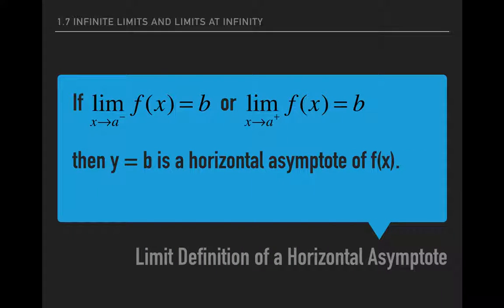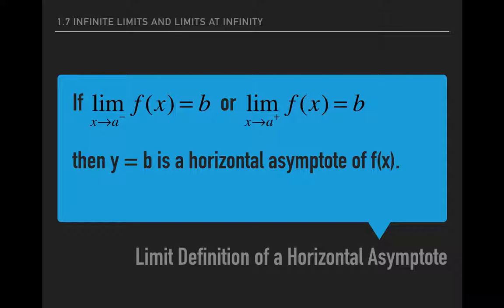So the proper definition, the limit definition for a horizontal asymptote is if your limit as you go to infinity, that should be infinity, not a, as you go to infinity or as you go to negative infinity is your b value.